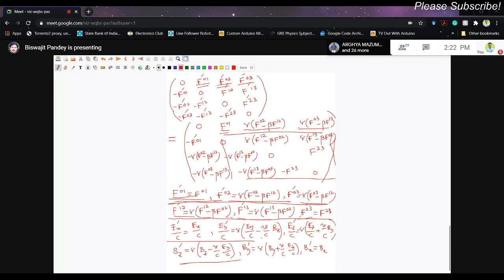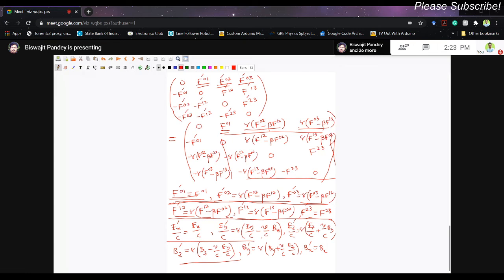It's a second rank antisymmetric tensor, and when we transform this second rank antisymmetric tensor under Lorentz transformation, the individual components exactly match the transformation of electric field and magnetic field, provided we choose appropriate signs for these 6 distinct components. Is that clear? Yes, sir. Okay.